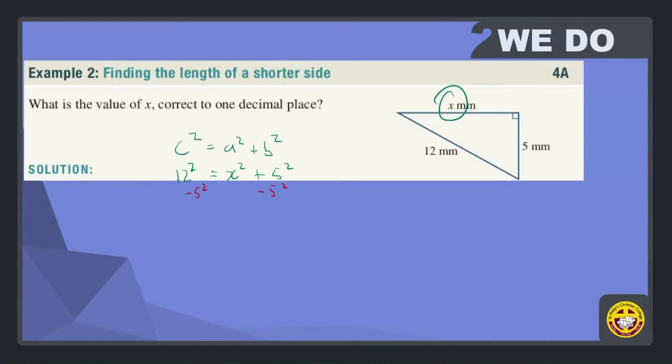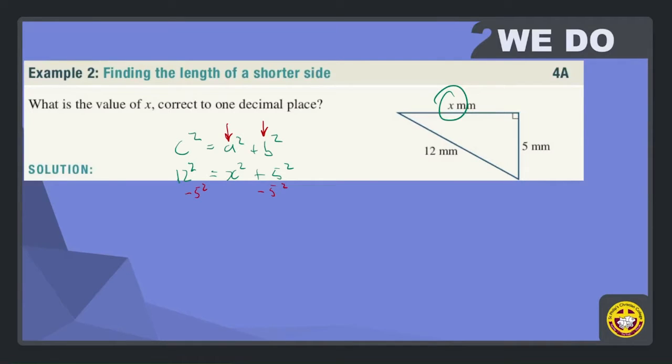Now I want to talk about this for a second. We could have put the 5 here and the x here, but I'm going to suggest you always do it this way. Always put the number you don't know as A and put the number you know as B. It just means that this looks a little bit more clean.